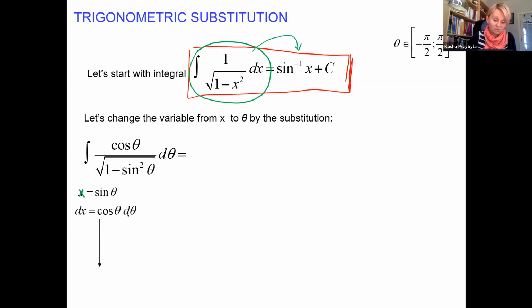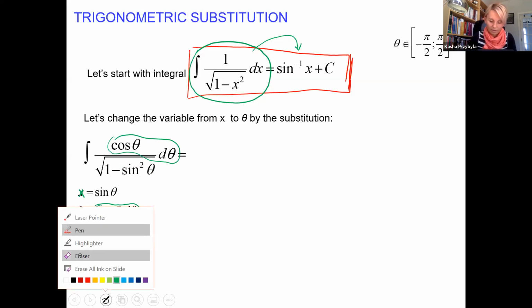And then dx is cosine theta d theta. It's kind of like a reverse substitution. I have the square root of 1 minus x squared, but my x is sine theta, so I have sine squared theta. And dx is cosine theta d theta. It's like the other way substitution.